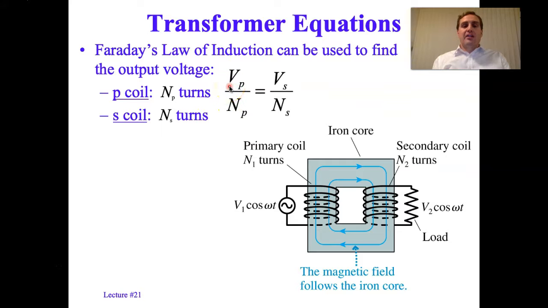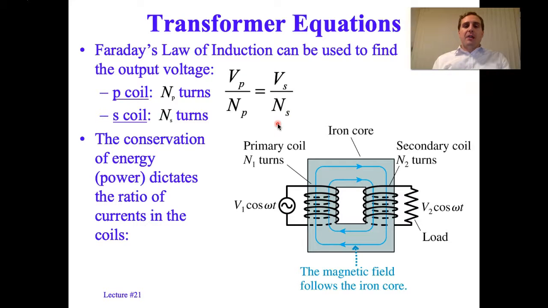Faraday's law tells us that the voltage in the primary divided by the number of turns in the primary equals the voltage of the secondary divided by the number of turns in the secondary. This is just a nice proportionality equation. The mathematics are actually pretty straightforward here.